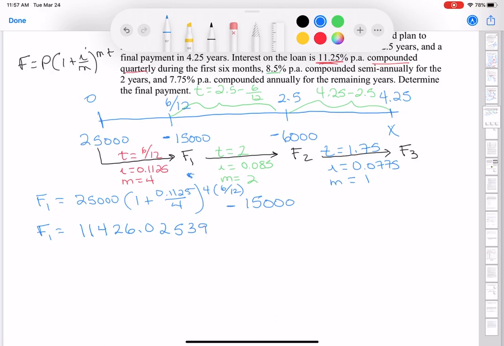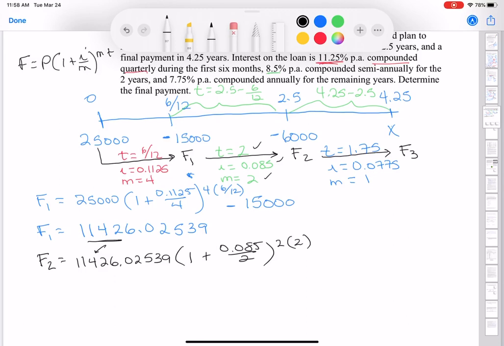All right, and so now we're going to find future value 2. And we know that we're going to transfer this amount down as our present value into our compound interest formula. This time, our interest rate is 8.5%, and it's going for 2 years.